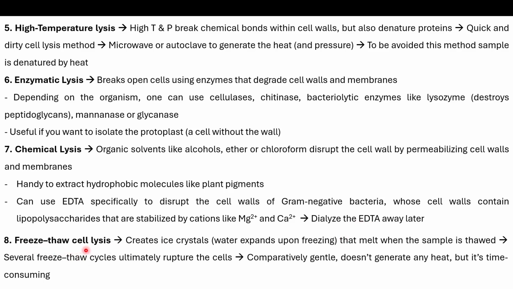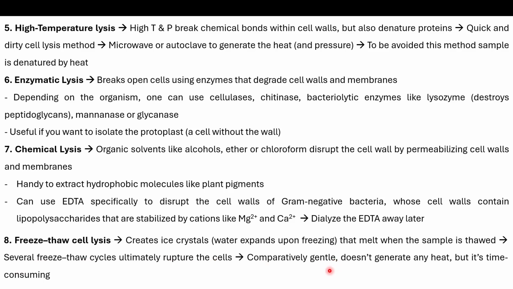Then there can be freeze thaw cell lysis. Thawing is basically melting the sample. Freezing creates ice crystals, and water expands upon freezing, and that melts when the sample is thawed. So several freeze thaw cycles ultimately can help in rupturing the cells.